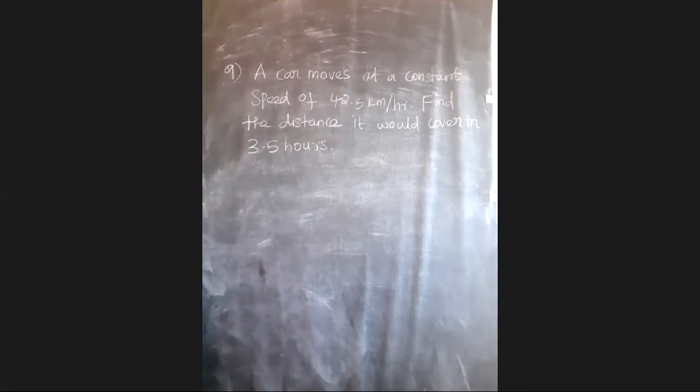So this is the question for you. A car moves at a constant speed of 42.5 kilometers per hour. Find the distance it would cover in 3.5 hours.